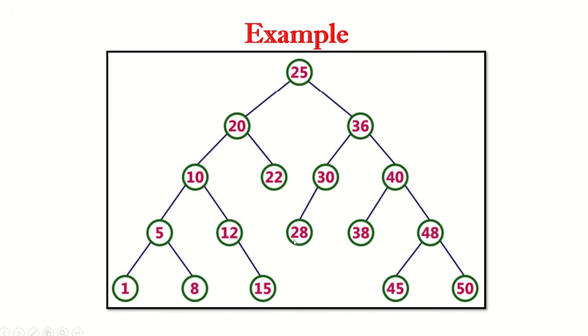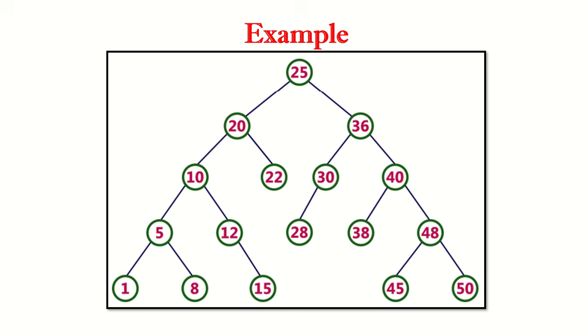Look at this example where 25 is the root node with two children, 20 on the left and 36 on the right. Similarly, 20 is an internal node with 10 and 22 as its children. So, if you look at all the left children of 25, they have values lesser than 25.